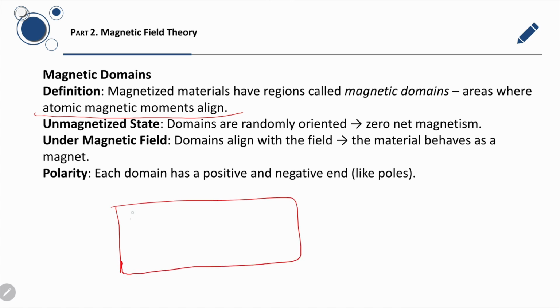Inside it has tiny, inherent magnetic regions. This is called magnetic domains. It has two directions, that means poles. In an unmagnetized state, domains are randomly oriented, cancelling each other out. This is called zero net magnetism.